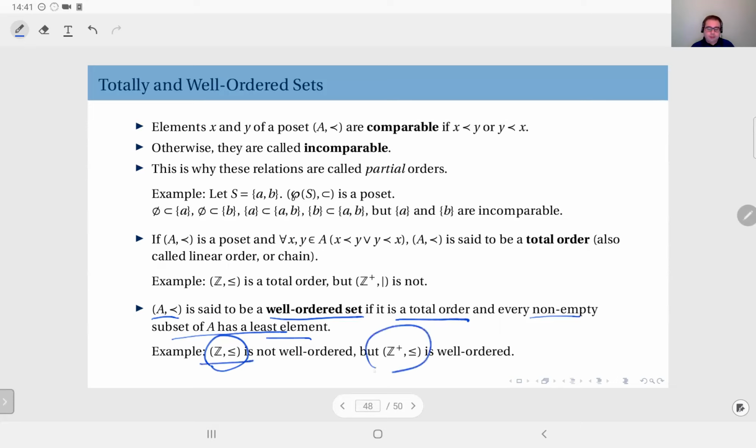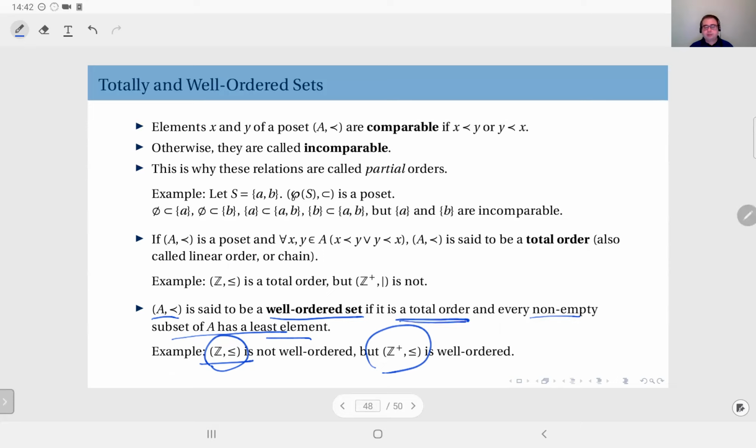But if you define it on positive integers, it is now well ordered. Remember the well ordered property we discussed in induction. So there is a very strong relationship here with this definition and the well-ordering principle. And this is essentially a definition of a well-ordered set. It's a total order.